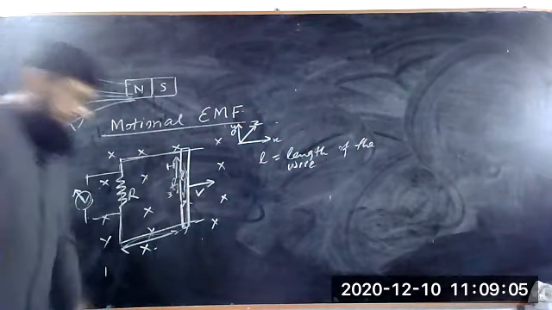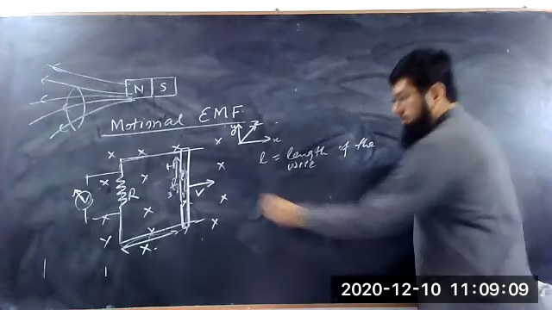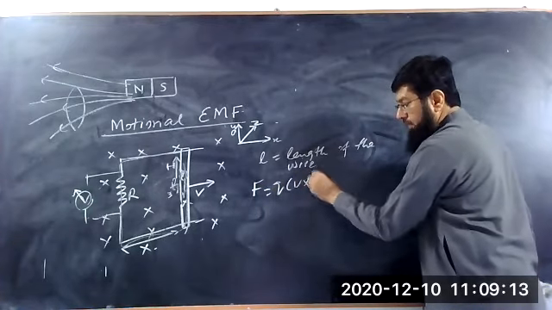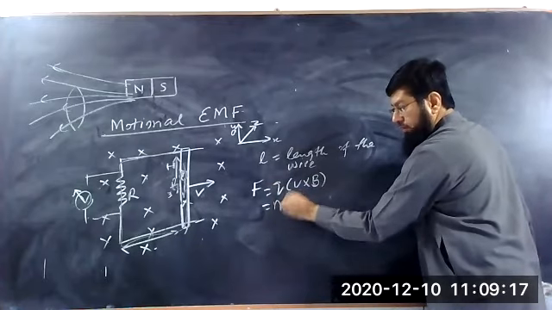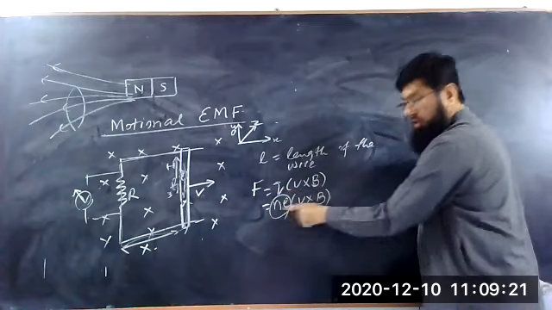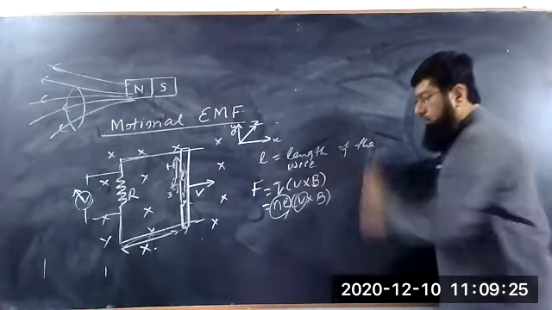Because if we stop moving the wire, the force F is equal to Q v cross B, where Q is the total electronic charge.